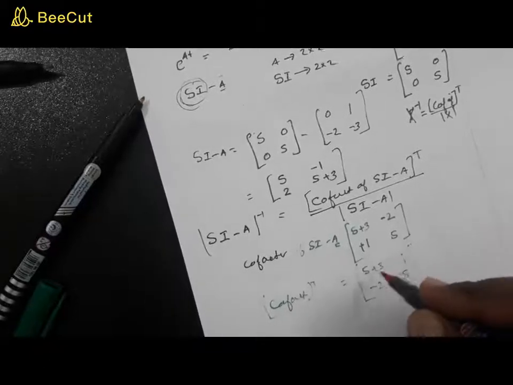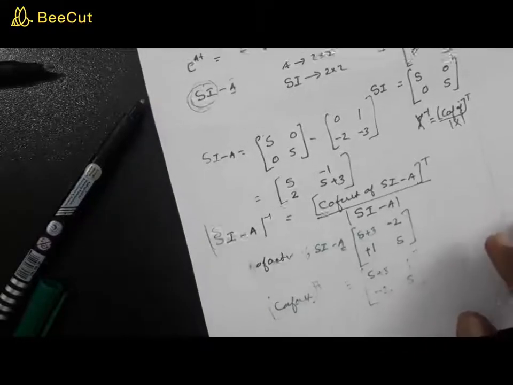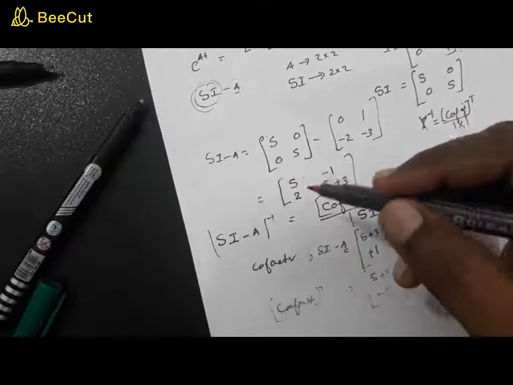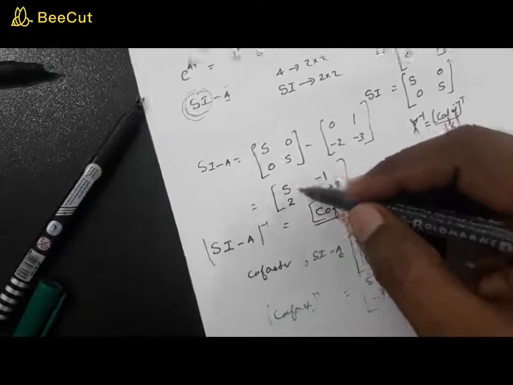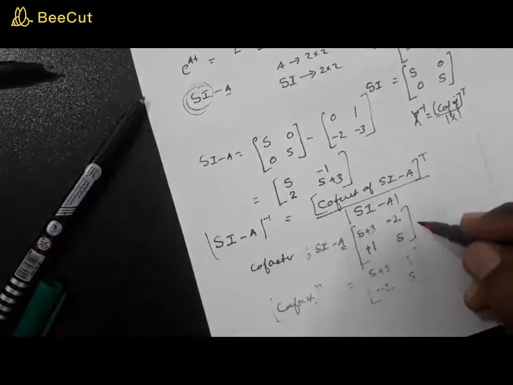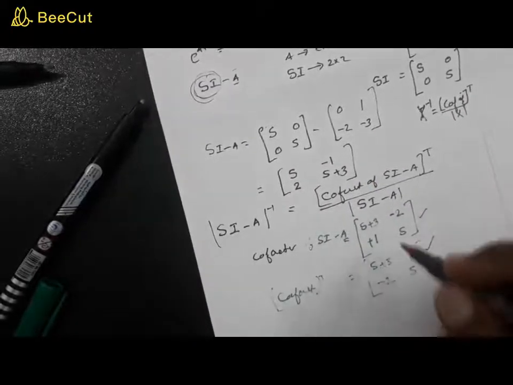So this is how you need to find the cofactor. If you have any doubts, you may refer to your lower classes textbooks. There you will understand how to find the cofactor of a matrix. So this is the cofactor, then finding the transpose. This is what we need.